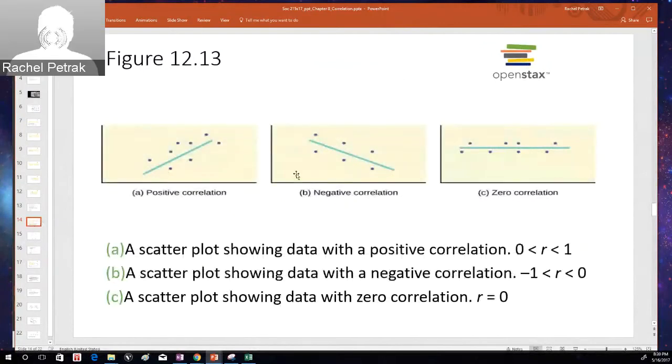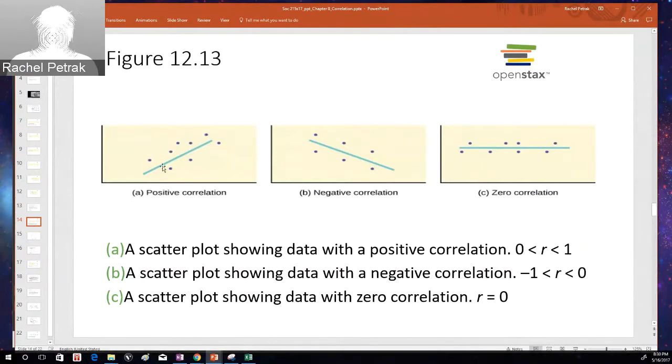And here we just see some general correlations plotted onto what should be by now really familiar graphs, so that if you saw any of these scatter plots, you would be able to identify that they were showing us a positive correlation, negative, or zero correlation, and to know that for A, for example, this is going to represent a positive correlation.